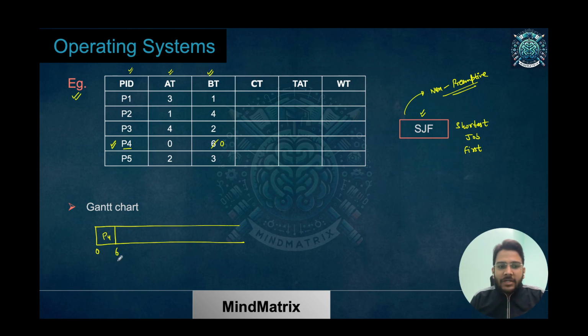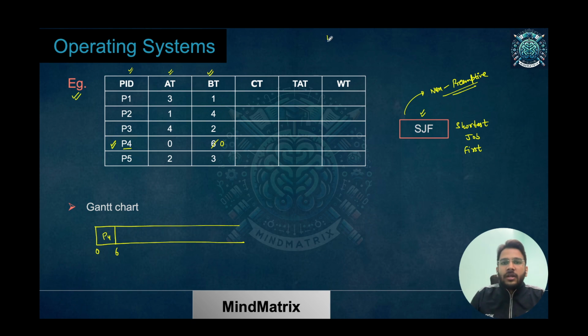Done. Now at 6 units of time, do we have any process in the ready queue? Yes, P1 is there because its arrival time is 3. P2, P3 and P5 are also there. So at 6 units of time, all the remaining processes are present in the ready queue.